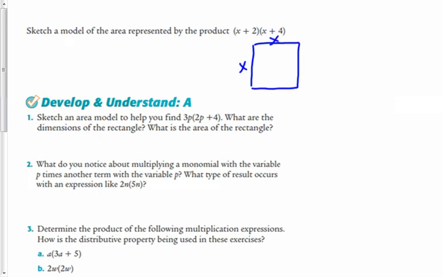If we add 2 to this dimension, so let's just make up a length for that, and we add 4 to this dimension, and then we fill in this new rectangle, then we can represent this another way as x squared plus 2x plus 4x plus 4 times 2 is 8. So there are 2 ways to represent that.